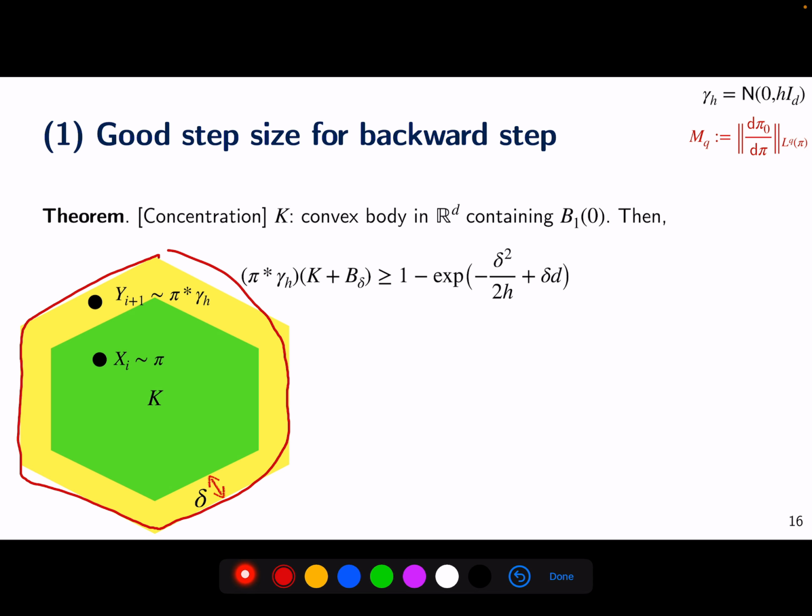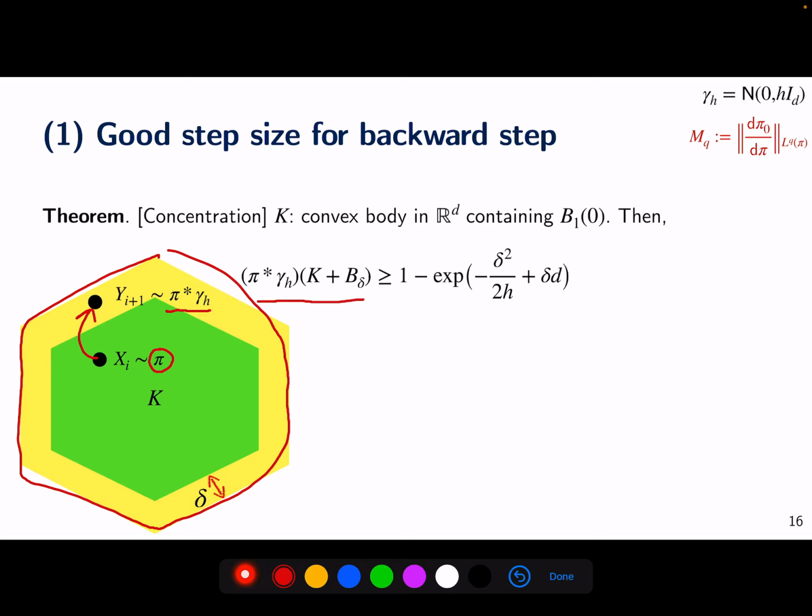What this inequality says is the following. Suppose you're starting from the uniform distribution at x_i, and then the forward step takes you to y_{i+1} by adding Gaussian noise. It is easy to see that this y_{i+1} follows the distribution obtained by phi convolved with gamma_h.